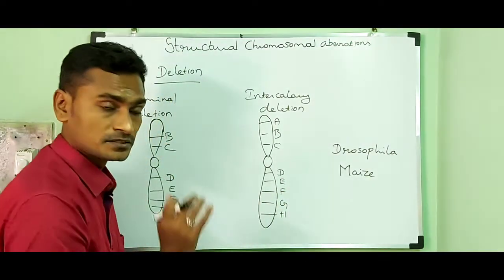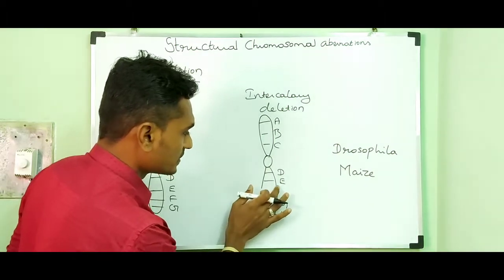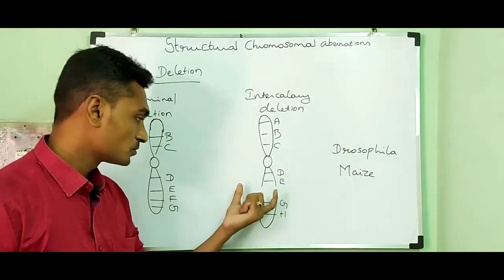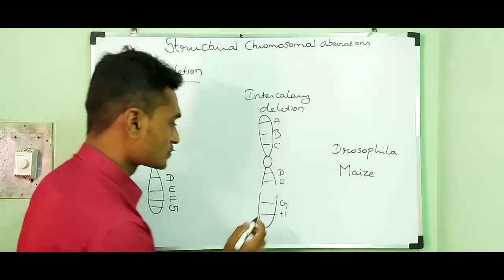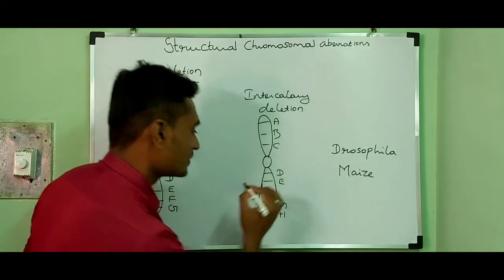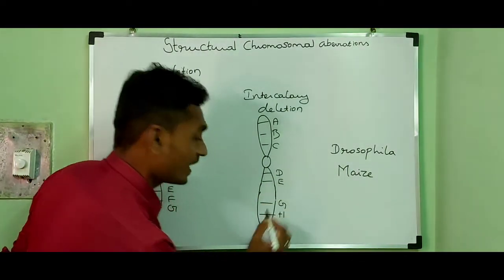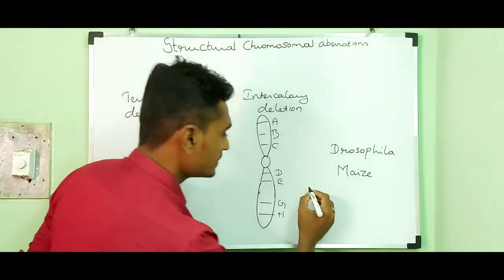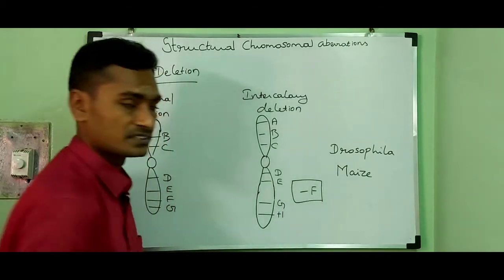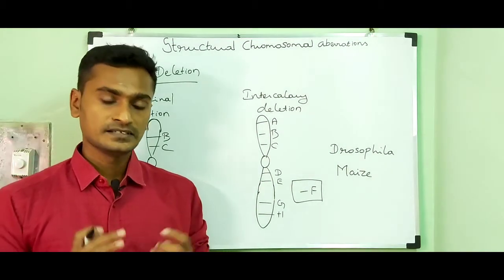So here the mutation occurs at F, and two breaks happen on the chromosome. The two terminal portions are united, and it leaves the middle portion F, and that is called intercalary deletion.